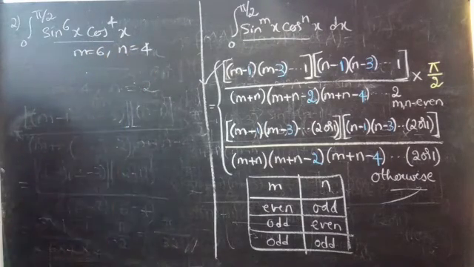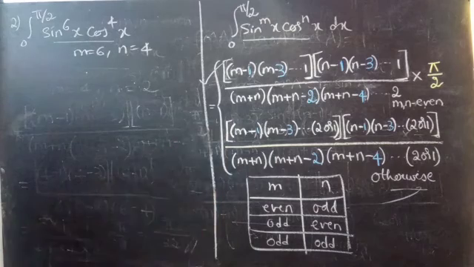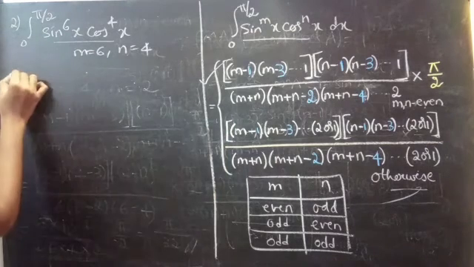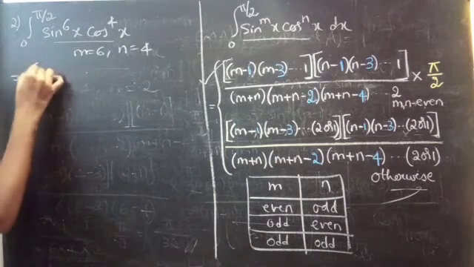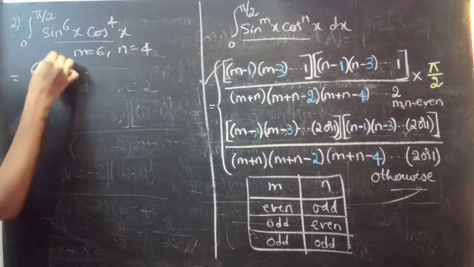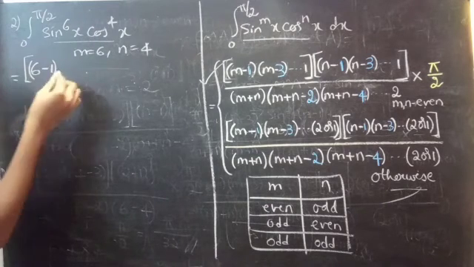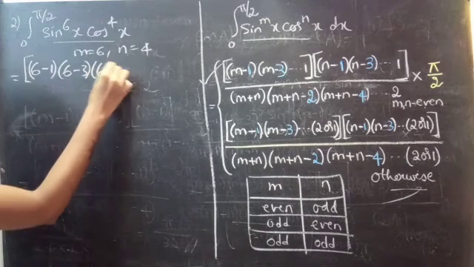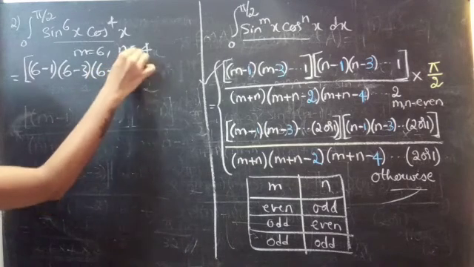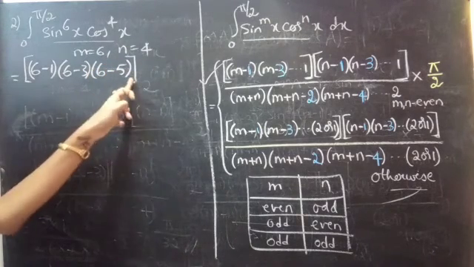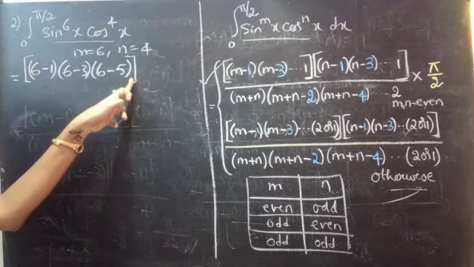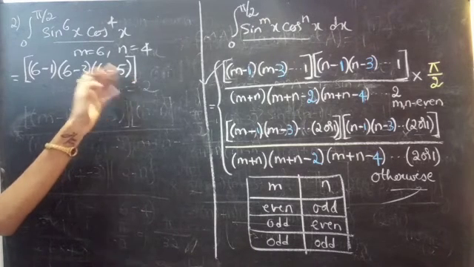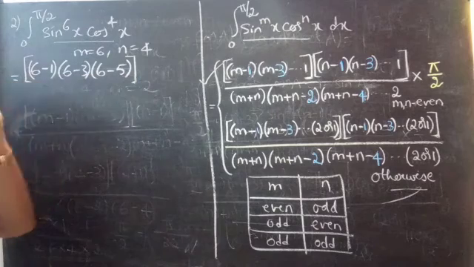Both are even, so you will use the first formula, which is equal to (6 minus 1) into (6 minus 3) into (6 minus 5). Next you'll get 6 minus 7, which is minus 1, so you have to neglect all the terms.